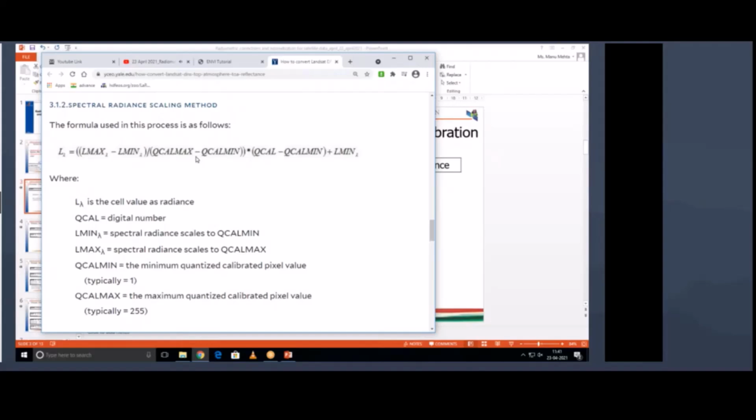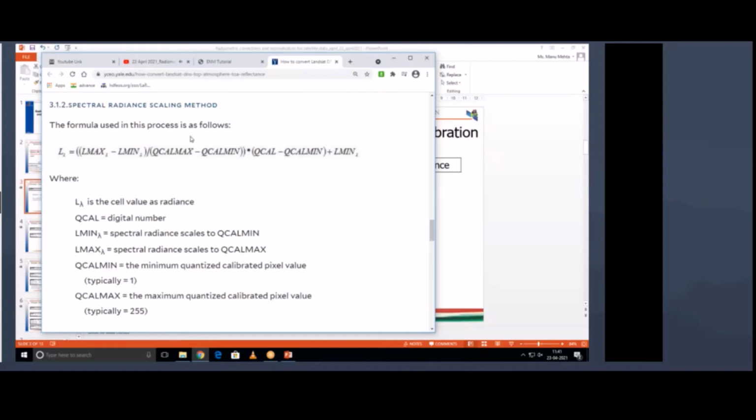For an 8-bit sensor, Q cal min for Landsat is taken as 1 and Q cal max is taken as 255. L max and L min will also be given by the data provider, where these are the radiances which correspond to the minimum and maximum quantized DN values.